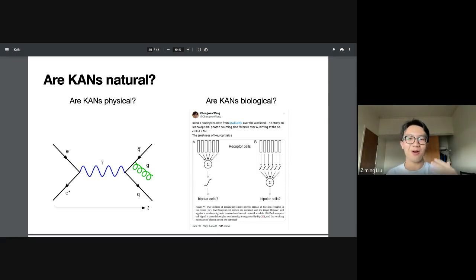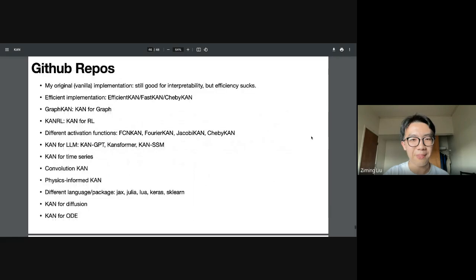So people are asking, are KANs biological? I don't know, but people on Twitter told me that the cells in our retina behave more like KANs, where you first have nonlinearity and then have this linear combination. So it's the other way around from the neurons in human brains. The last thing is just a quick list of what's happening in this domain.